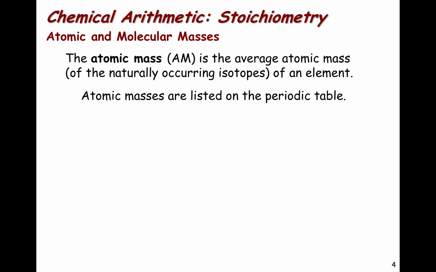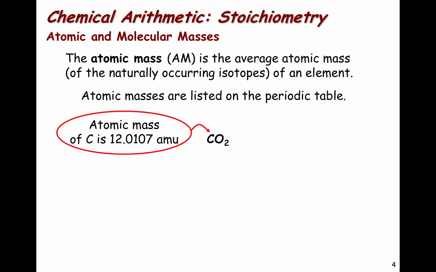Of course, we can use the information from the periodic table, which provides the weighted average of all of the isotopes for a particular element, to come up with the average atomic mass, and then use those values to calculate the average molecular mass.